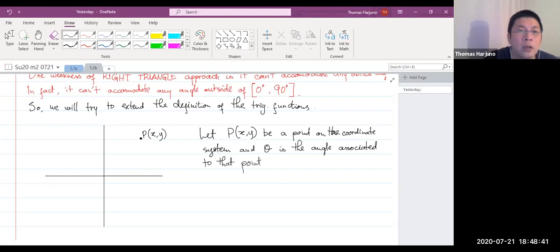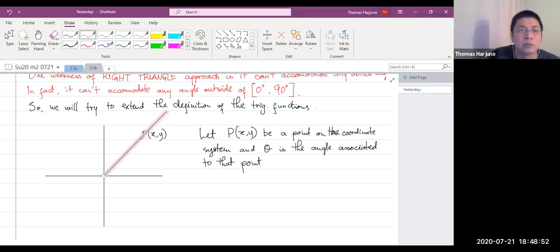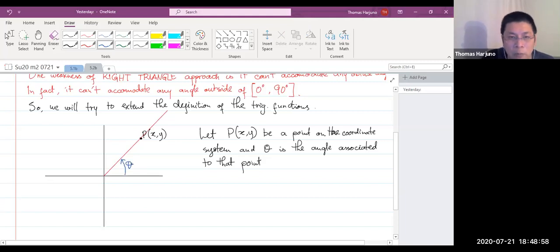So what I'm trying to say is you have an angle theta associated to that P. This is the theta. I didn't tell you the angle, therefore it must be in standard position. Okay, the theta is in standard position.